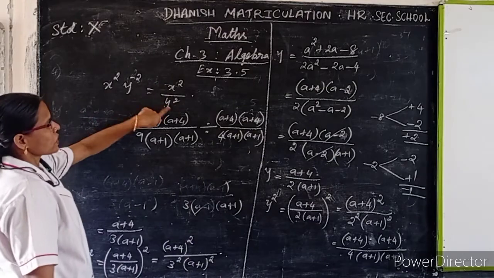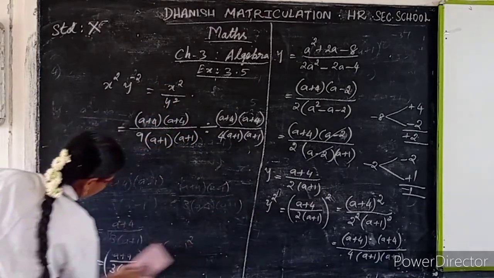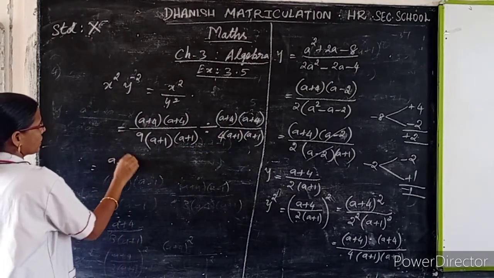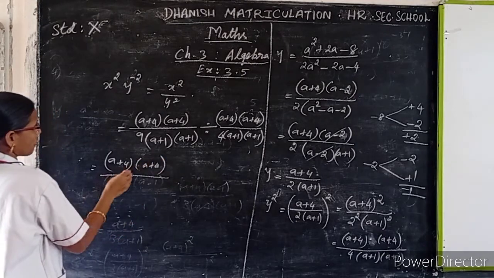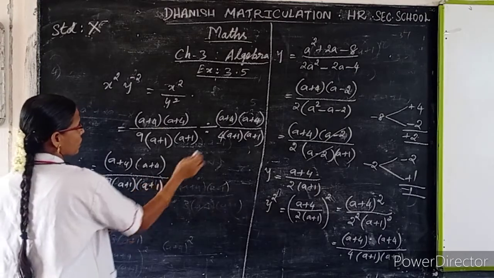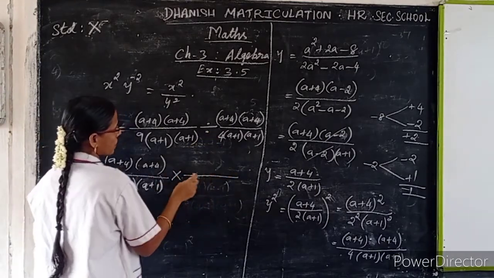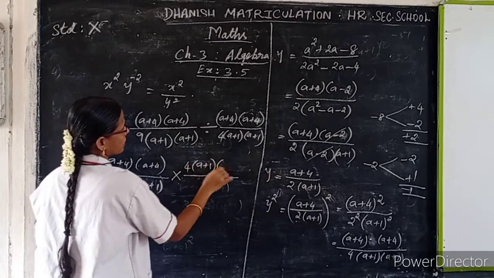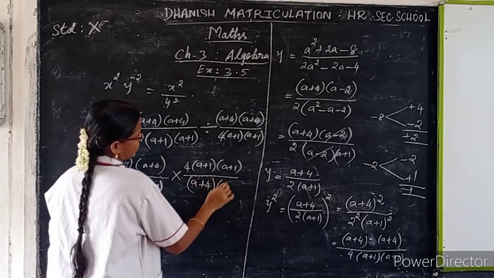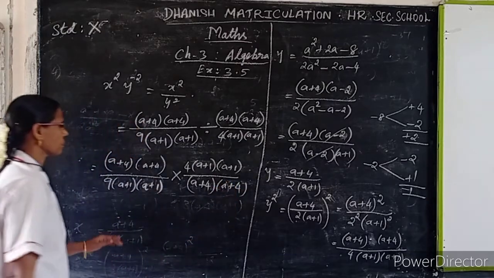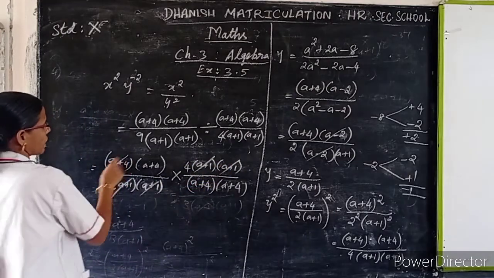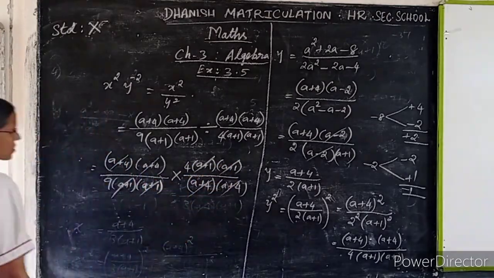This x square divided by y square means put the reciprocal. Then this gets cancelled, this a plus 1 gets cancelled, and this a plus 4, this a plus 4 gets cancelled.